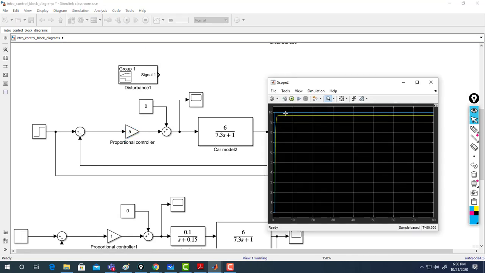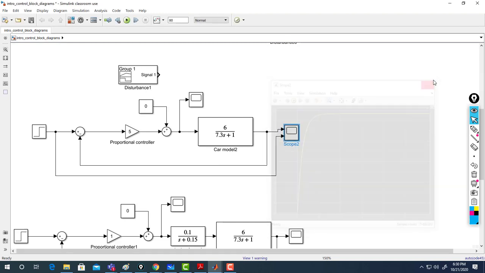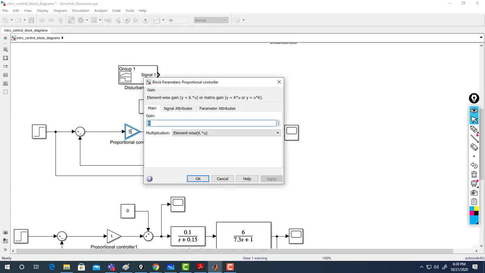You see, I'm very close, the error is less, and also the steady state is now less than 5 or 6, maybe around 3.